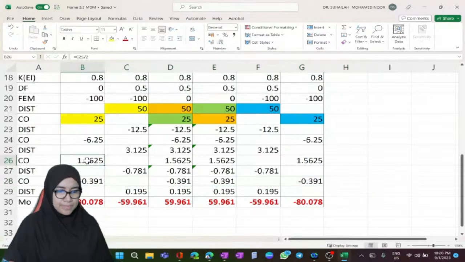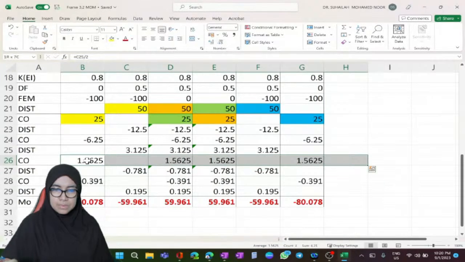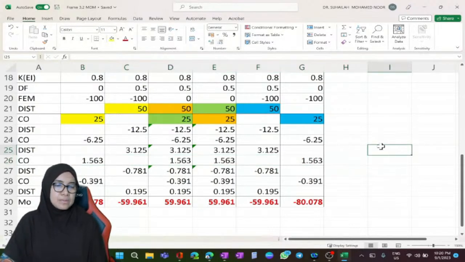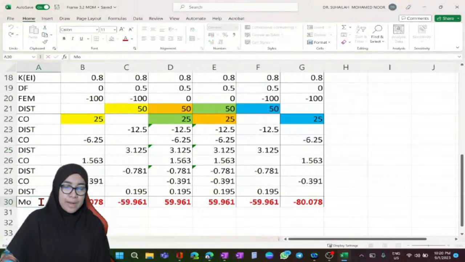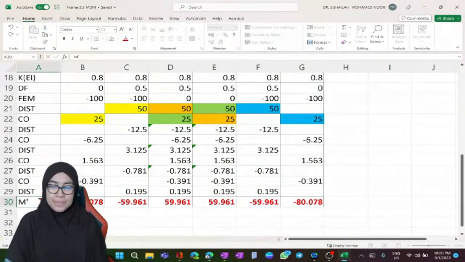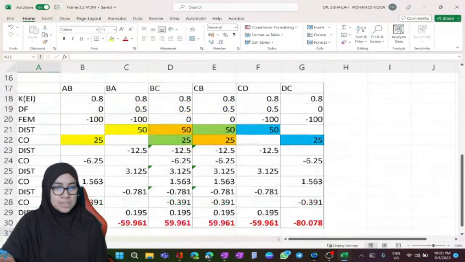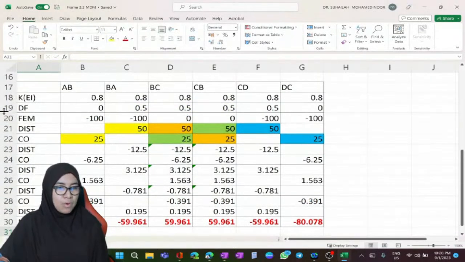And this one. So we get this one is table number 2. Table number 2 is not M naught, it is M prime. So this is the answer for moment due to side sway.